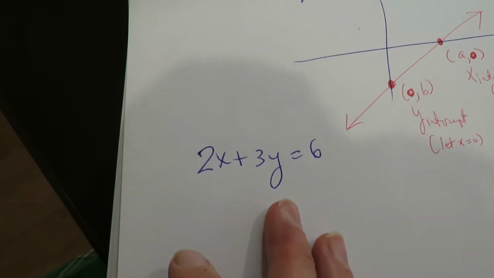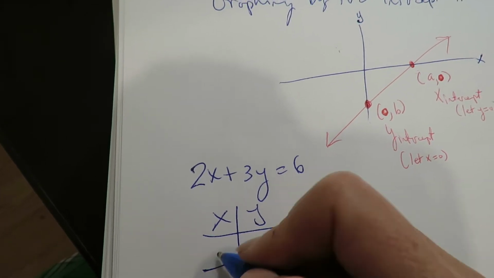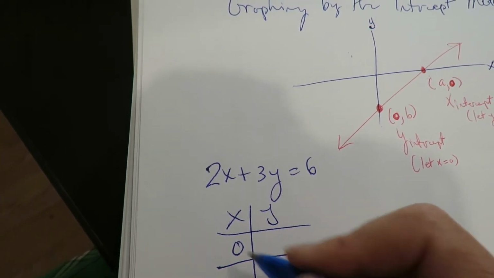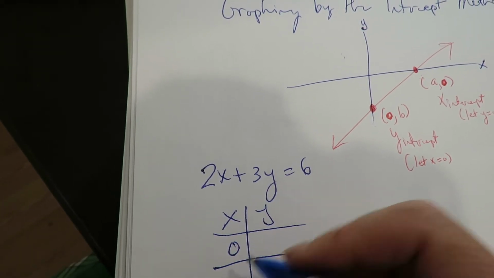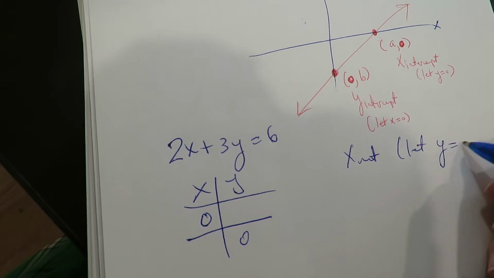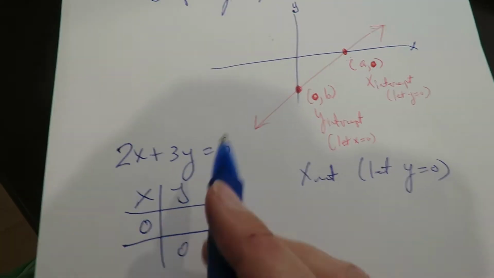All right. So here I'm going to do the intercept method, which means that I'm going to find the y-intercept, which means I'm going to let x be 0. Find the x-intercept, which means I'm going to let y be 0. So let me start with the x-intercept on this graph. You can either do this in your head or you can write it out. I didn't give you a crazy example.